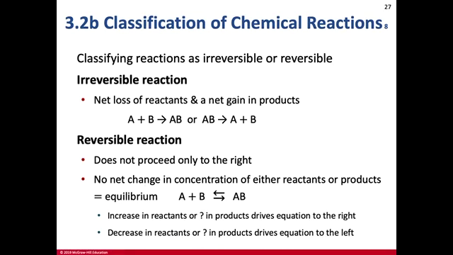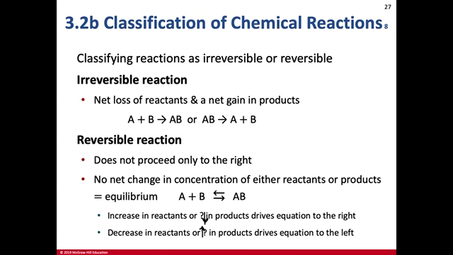So in order to make the equilibrium ratio remain constant, if we increase the reactants or we decrease the products, you can see what will happen, right? We increase the reactants, we add more A and B, we upset this ratio, what's going to happen? We're going to make more of the product in order to get the ratio back where it was.